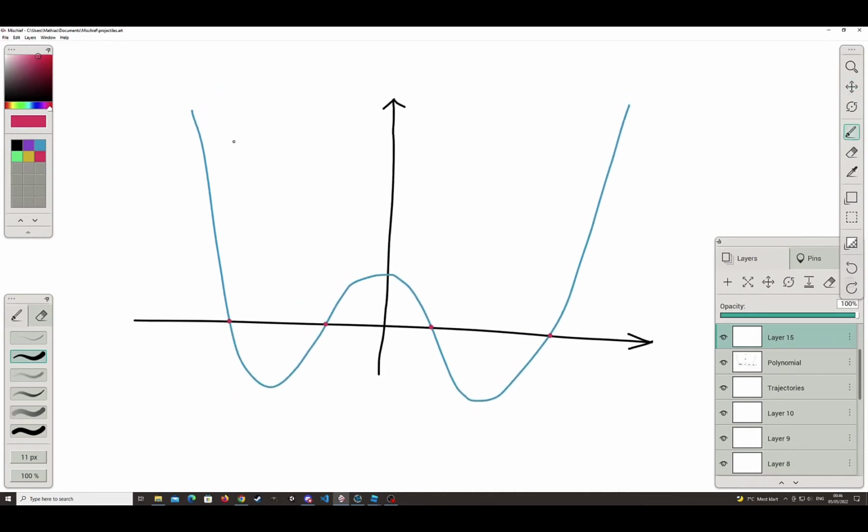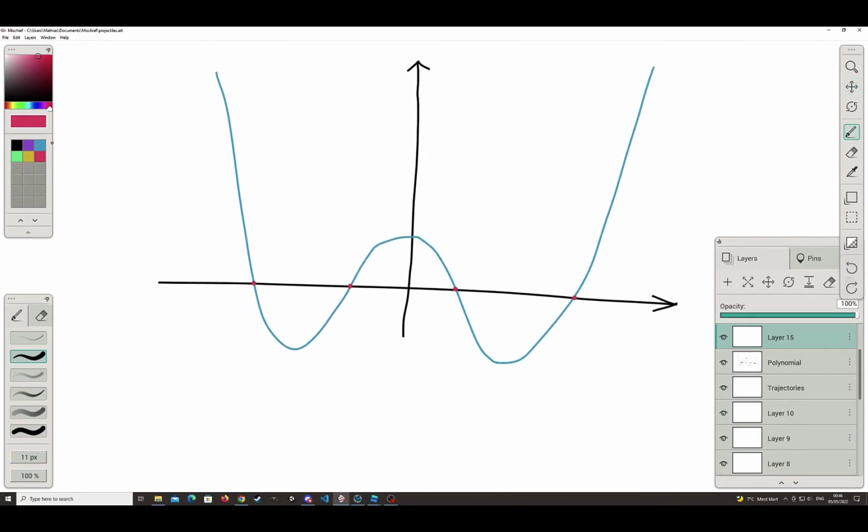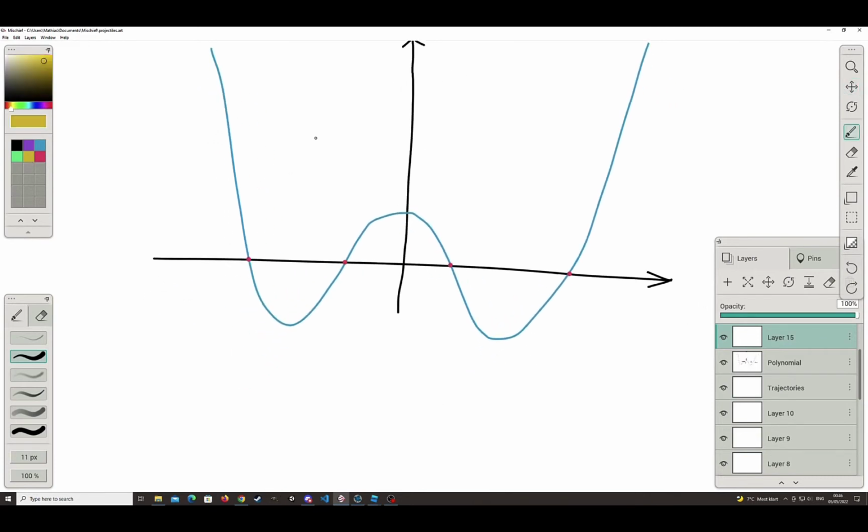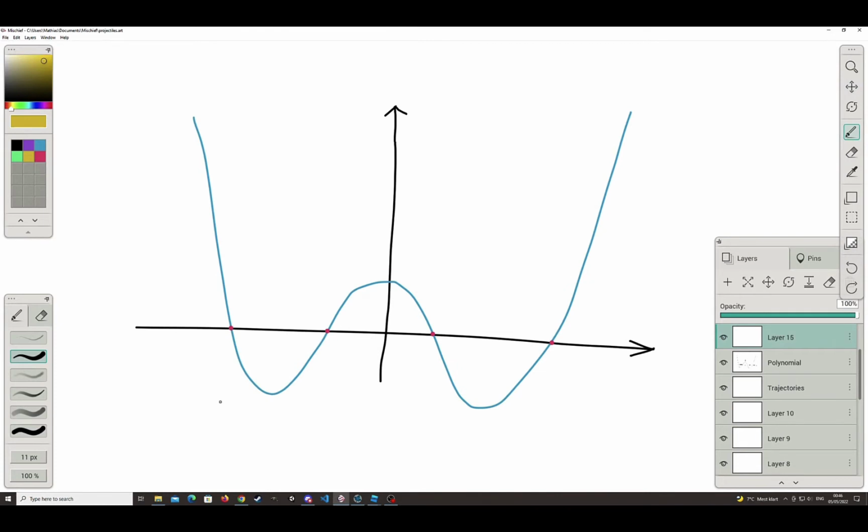So if we have a 4th degree polynomial, we've got 4 roots. What I'm going to do is take the derivative of this, and the derivative might look something like this. So it's going to intersect the x-axis wherever the peaks and valleys are, and then it's going to go flat here, and it might look something like this.